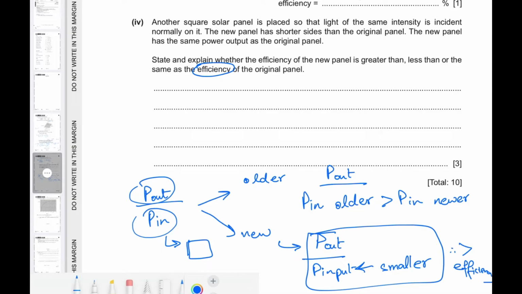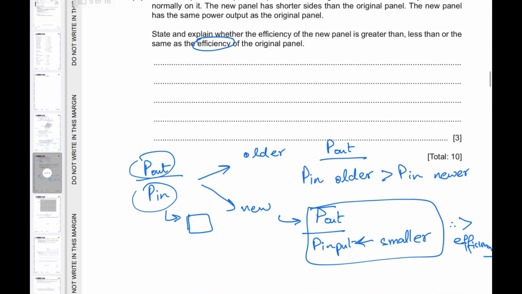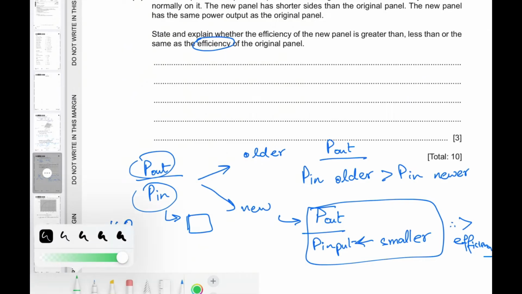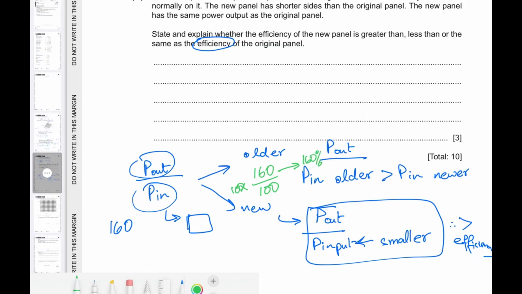To put this into numerical values, let's say power output for both of the panels is 160 watts. Now as for the older one, which has a larger surface area, if it has a surface area of 100, this would lead to an efficiency of 160%.